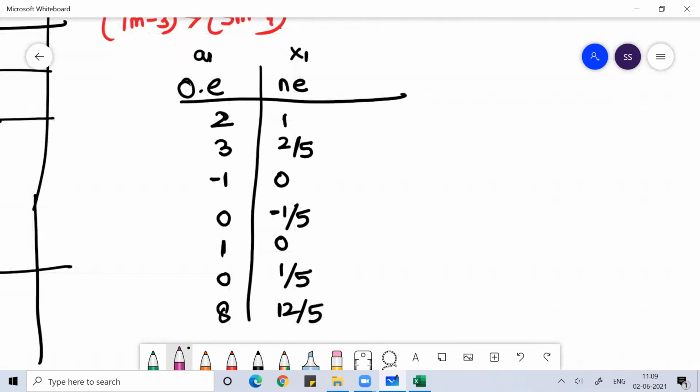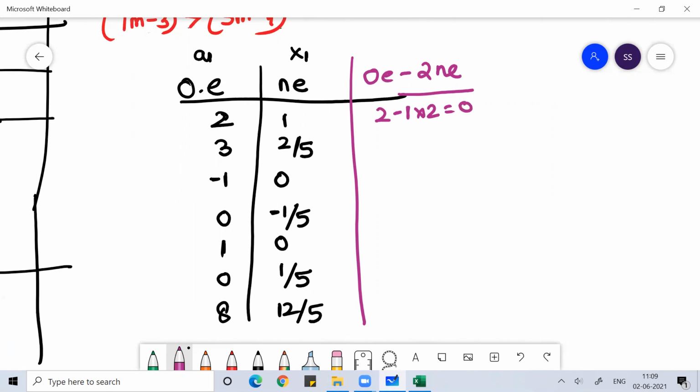Now I'll use the formula: old element minus constant into new element. So 2 minus 1 into 2 is 0. Then 3 minus 2 into 2 by 5, this is 3 minus 4 by 5, 11 by 5.